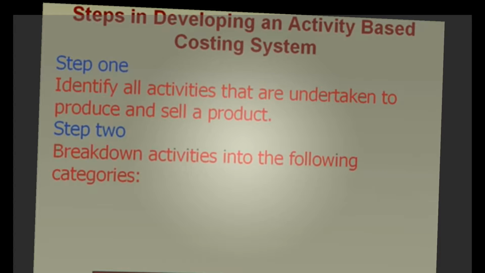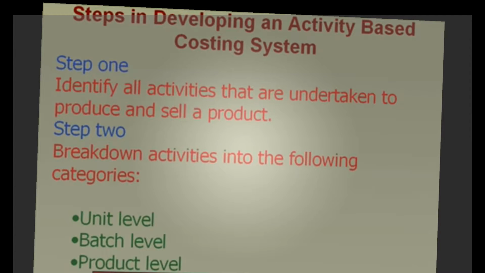They are unit level, batch level, product level, and facility level. Before we go on to the other steps, there are 5 steps. I just want to stop and explain step 2. The reason is, in one sense, this is the most important step.